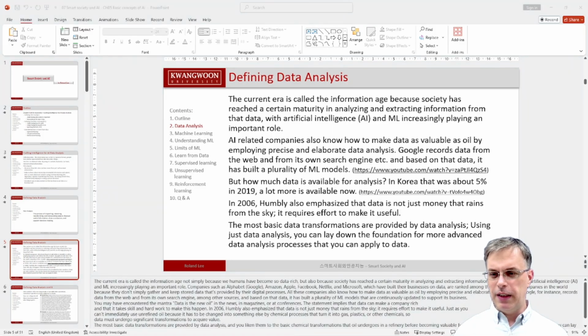So I think that I should stop here now because the majority of the topic was covered. And then it is written here, so how much data is available for analysis in Korea was about 5% in 2019.